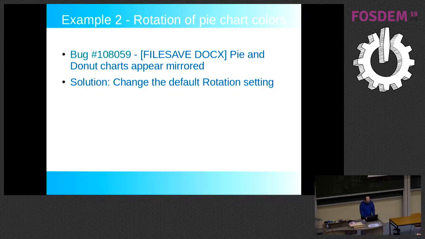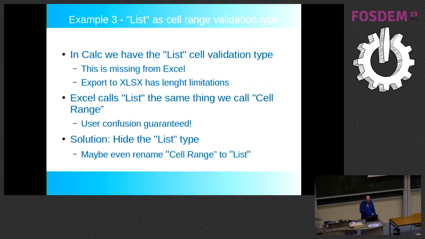Okay, next one. There is no bug about this, but I think we could reduce a little bit of confusion here. So in Calc, we have cell validation as a feature, and it has a list type.